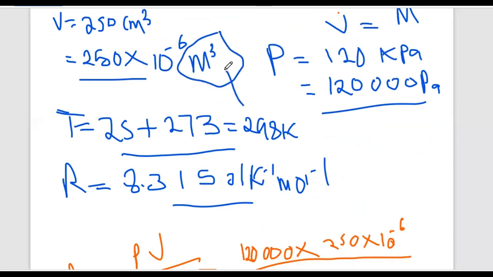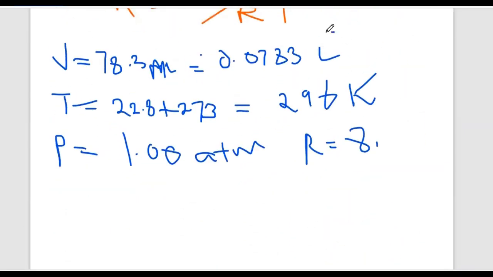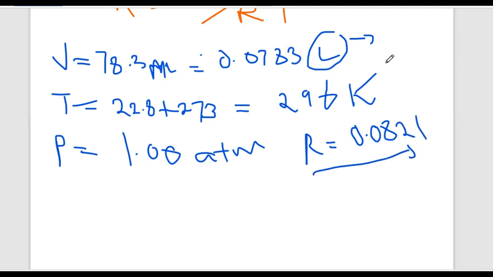If you have those units, then you will get this as your R. And if you have liters as the units for your volume, your R will have a value of 0.0821. So this is the value of R if the units for the volume are in liters. If they are in cubic meters, we use that 8 point something something.